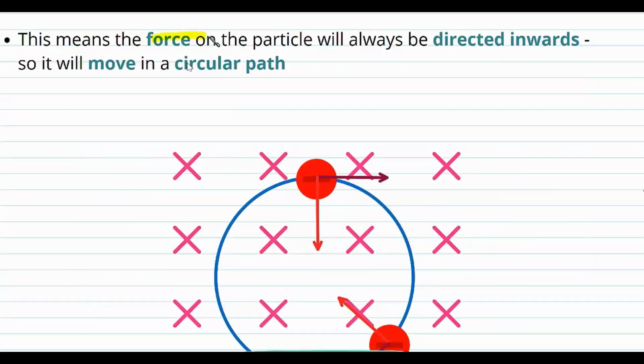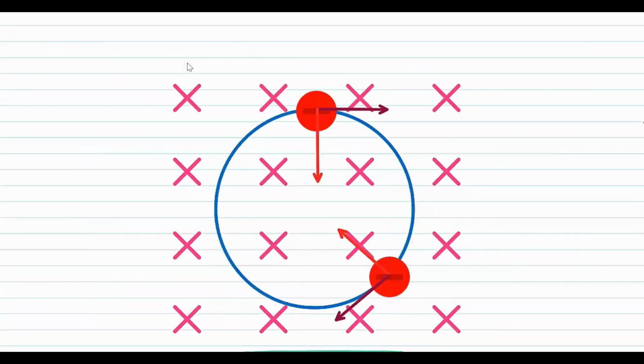This means that the force on the particle will always be directed inwards, so it will move in a circular path. And we can see here that the force on the particle causes it to move in a circular path, and that the velocity is always perpendicular to the force. And this is how we're able to trap charged particles in a certain region. And this is used in particle accelerators.